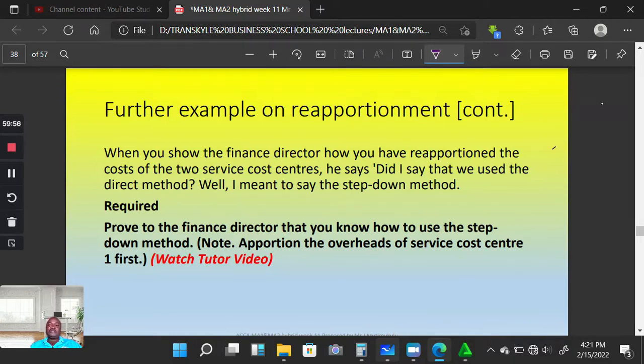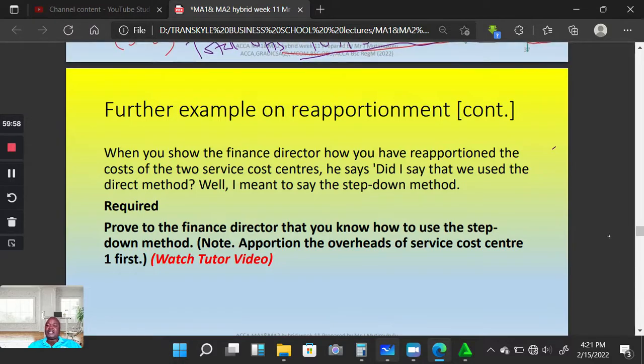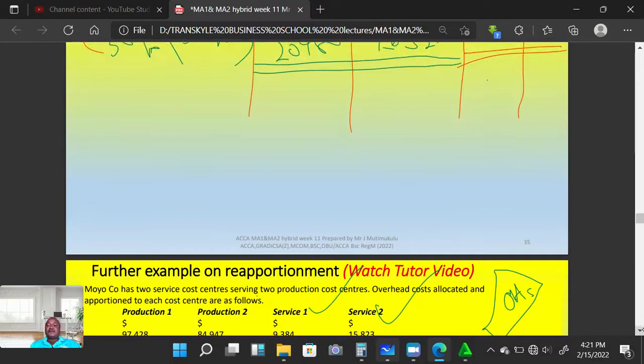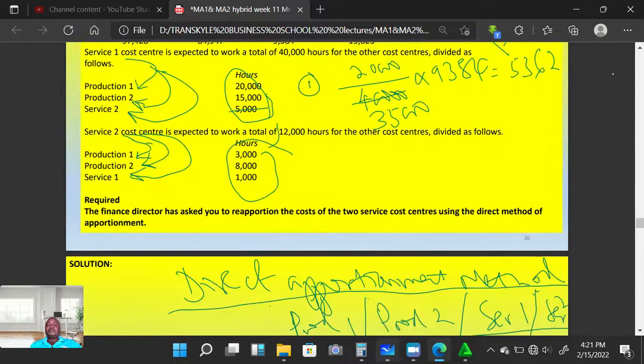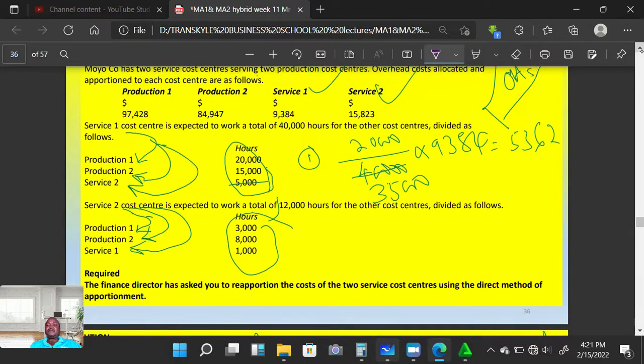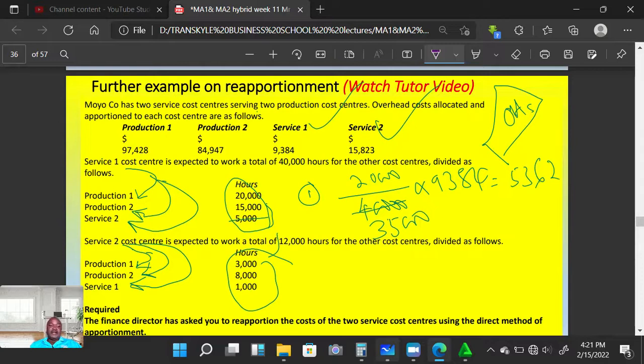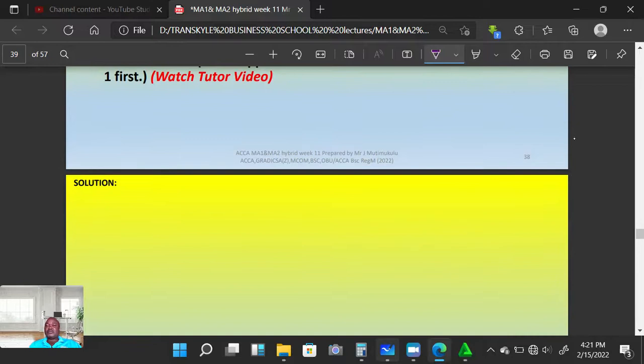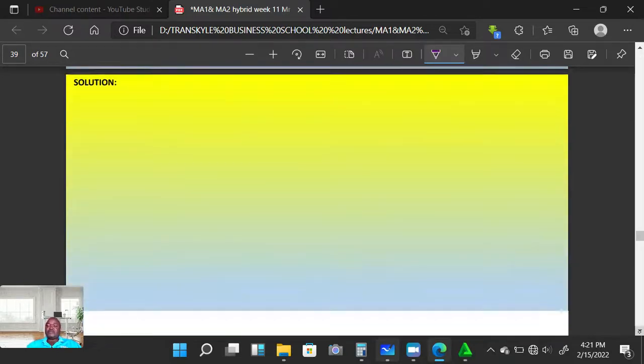How are you going to do the step down approach using the same figures? So let's do the step down approach together and see how it goes.